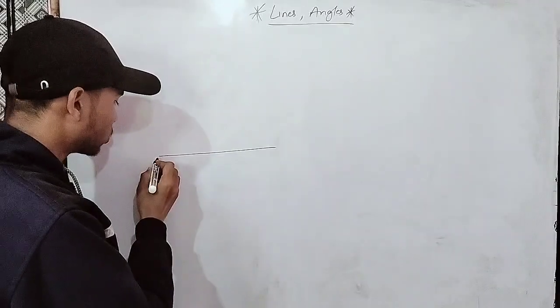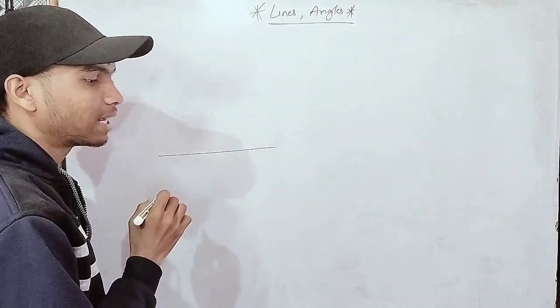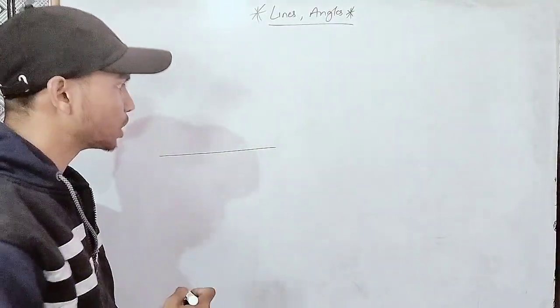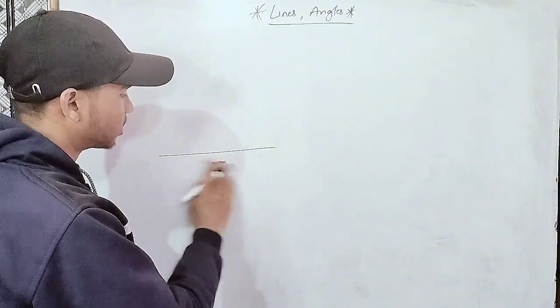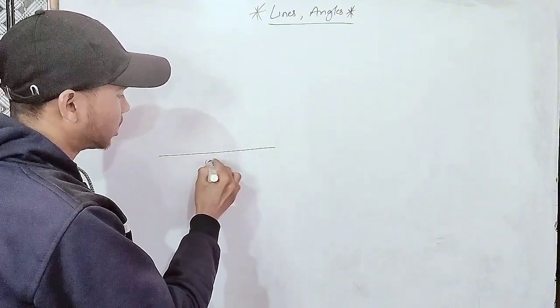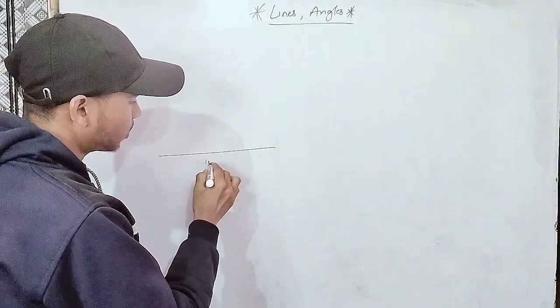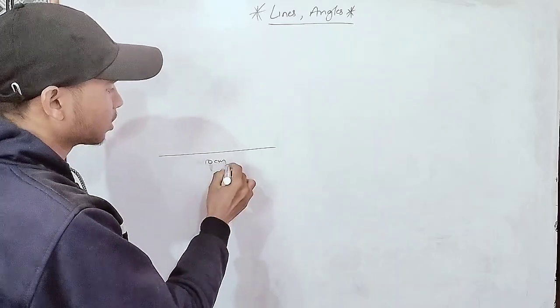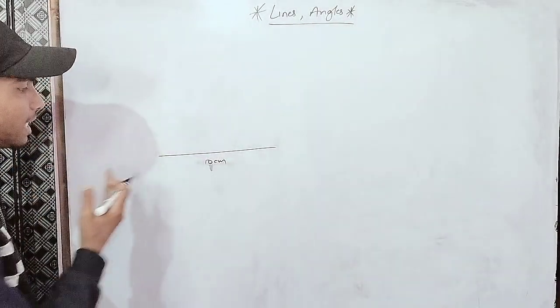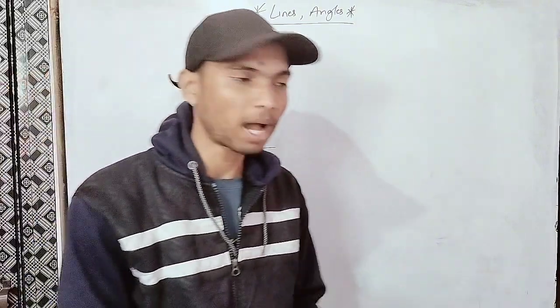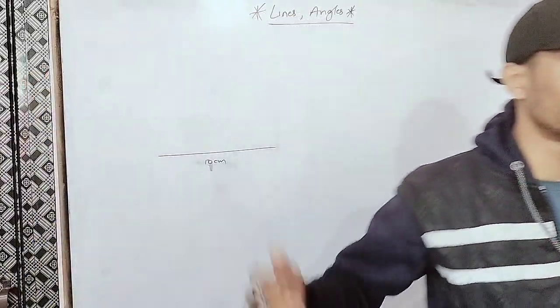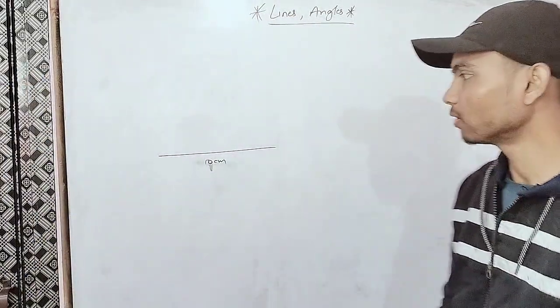Let's suppose from here to here the distance of the line is 10 centimeters. So we are saying that from here to here, our line ends, completed with a distance of 10 centimeters.